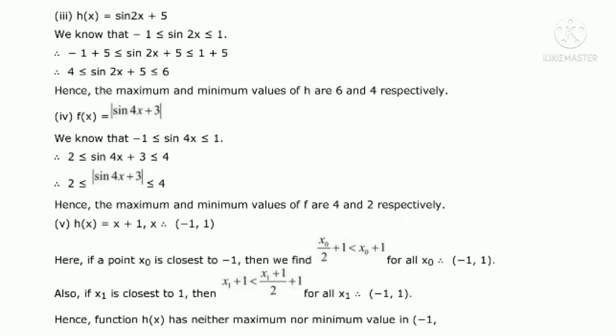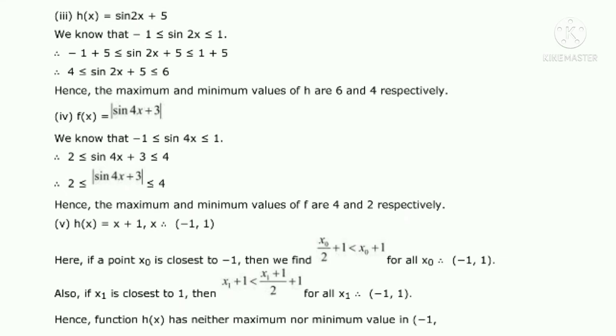Because the value of sine lies between -1 and 1. After writing this, to balance this result in the given function we need plus 5. So in the inequality -1 is less than or equal to sin 2x, less than or equal to 1, we add 5 on both sides. Then we get -1 + 5 is less than or equal to sin 2x + 5, less than or equal to 1 + 5.